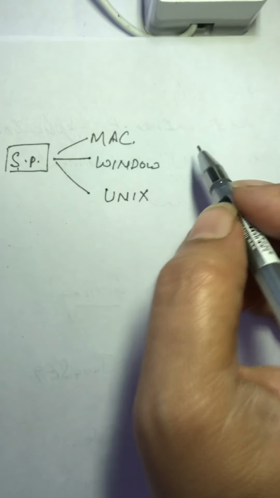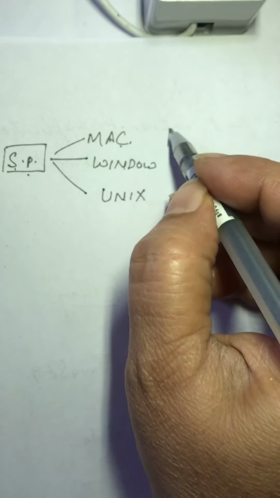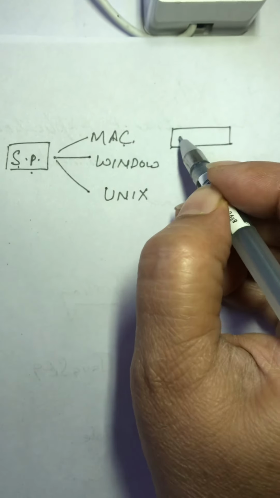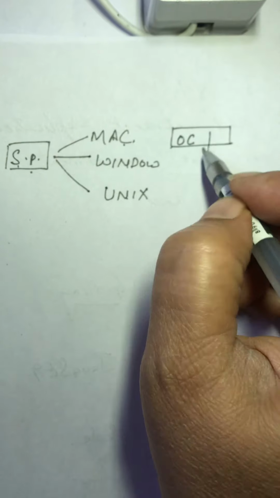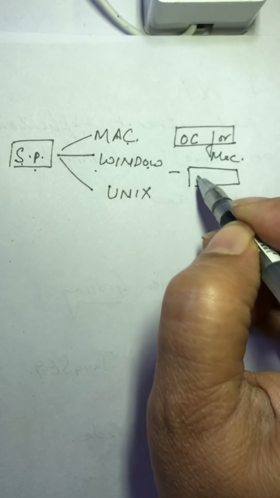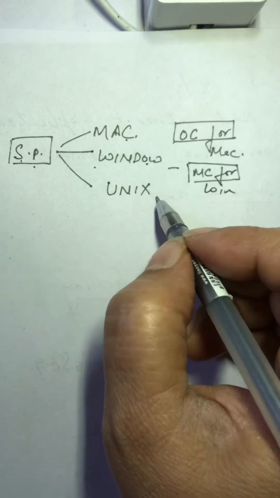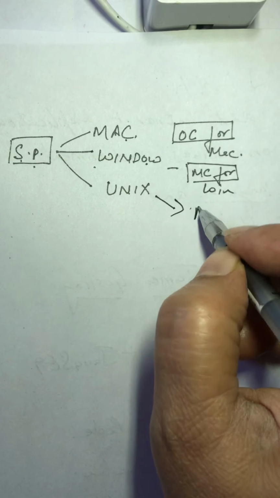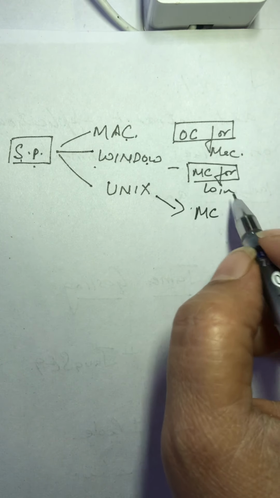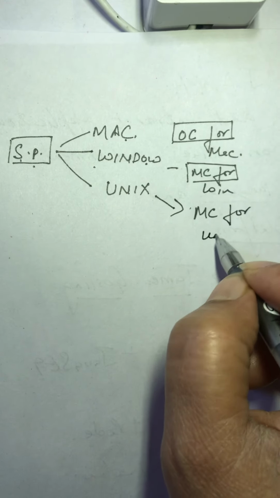So if I am writing a source program and I want to use it on Mac, there is going to be object code for Mac. If I'm going to use it on Windows, there's going to be machine code for Windows. And if I'm going to use Unix, there's going to be machine code, or we can say object code, for Unix.